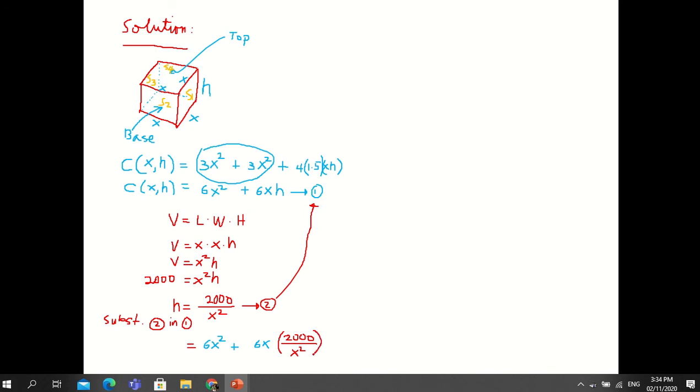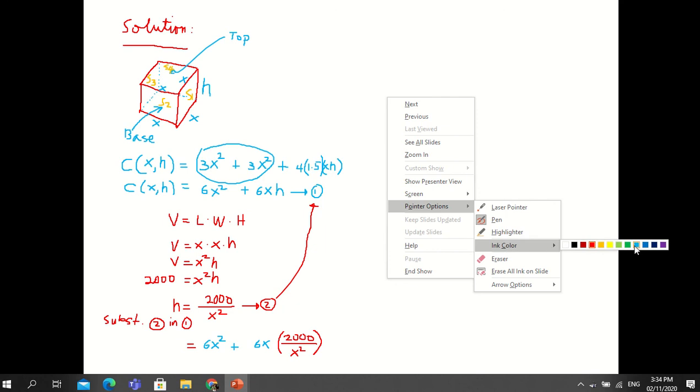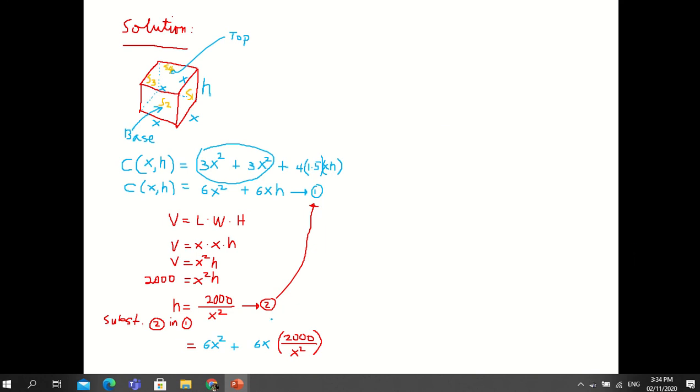So there's only one variable remaining on the right side. Okay, so our left side now is still c, but this time c is a function of a single variable, which is x.